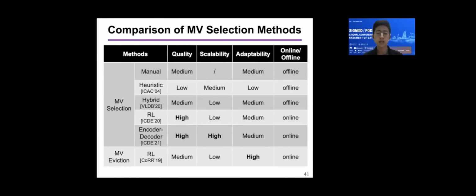Based on that, the RL agent can decide which materialized views can achieve the highest utility, while other methods are only based on some heuristic rules or the subqueries only. Besides, the MV eviction methods have achieved the highest adaptability because they can dynamically decide which materialized views are actually useful based on the incoming queries.